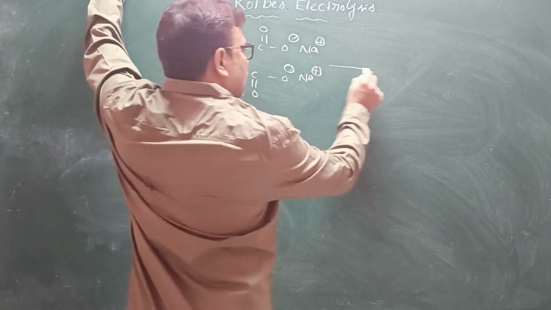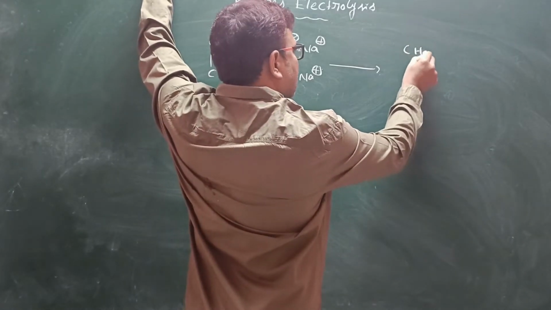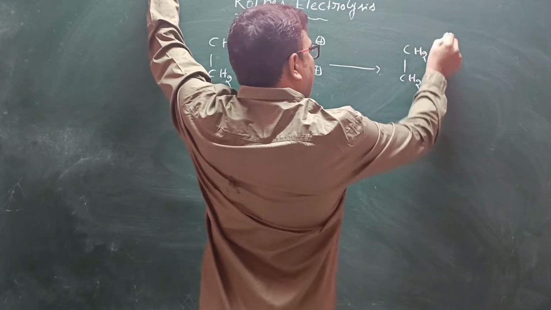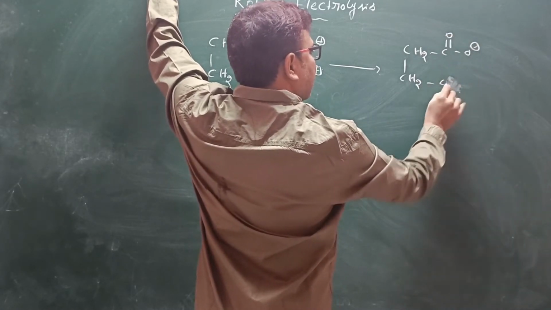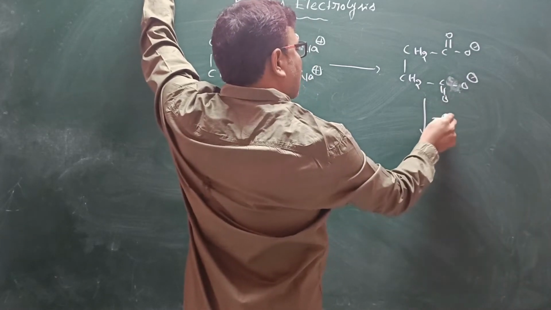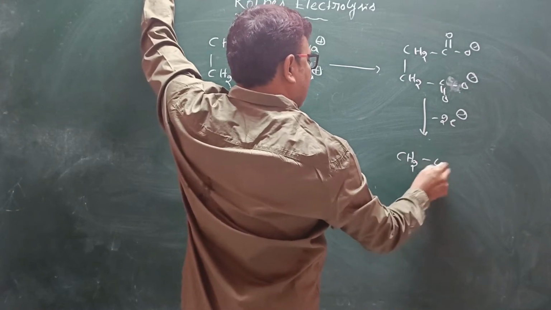Here it undergoes ionization to give the dicarboxylate CH2(C=OO minus)2. At the anode, it undergoes oxidation, loss of 2 electrons, and is converted into free radical.